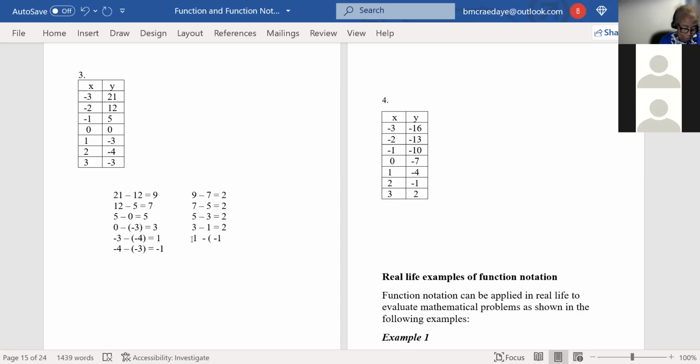Positive 2. So we see our second difference is 2.